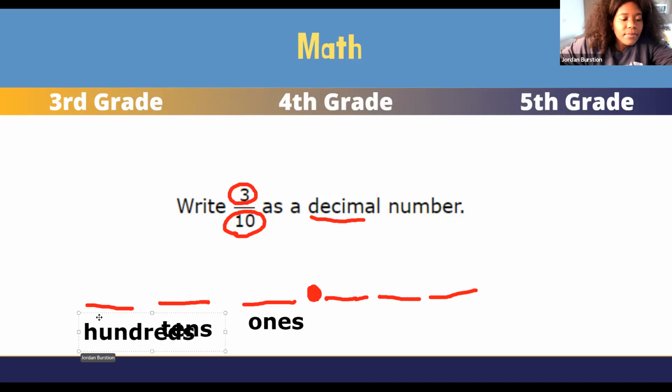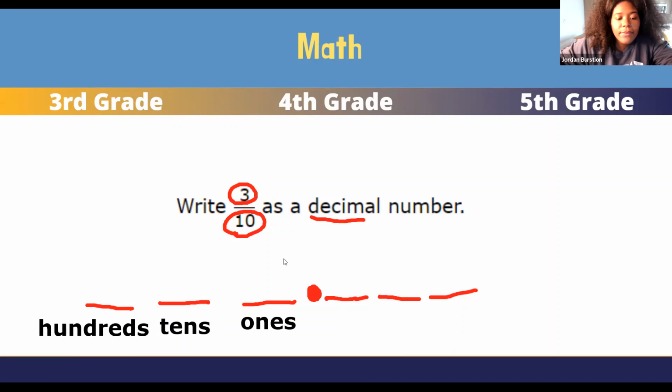Oops, it's the hundreds. That's the tens. That's the ones. And then later on, you learn that on the right side, you have place values as well: the tenths, then the hundredths, and then the thousandths.